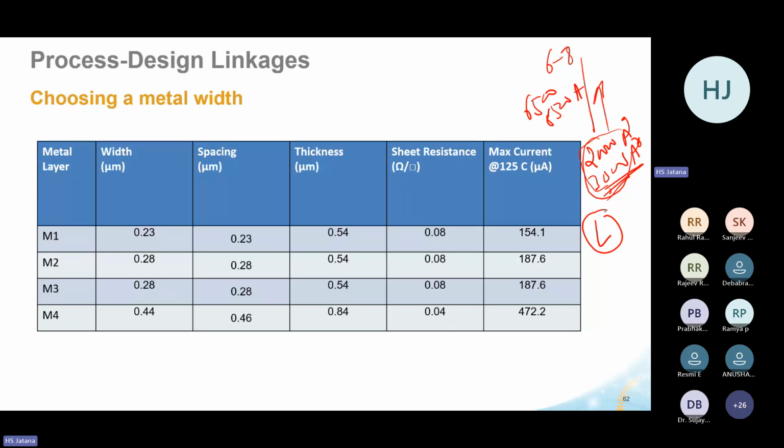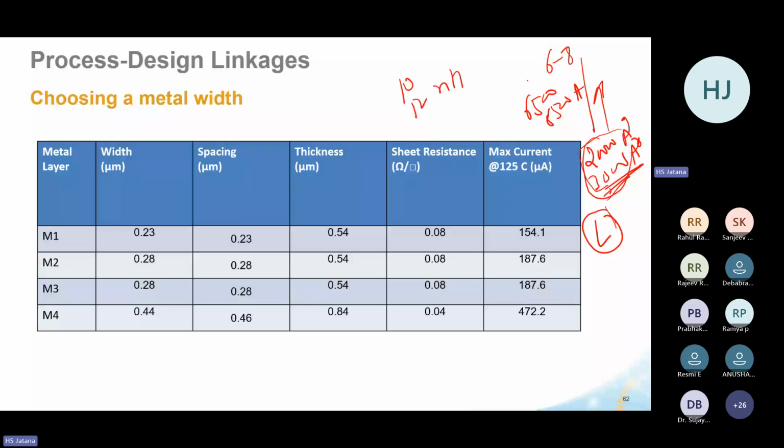So you can have a very good inductor, and nowadays it is possible to realize inductor values of 10 to 12 nanohenries in a chip.